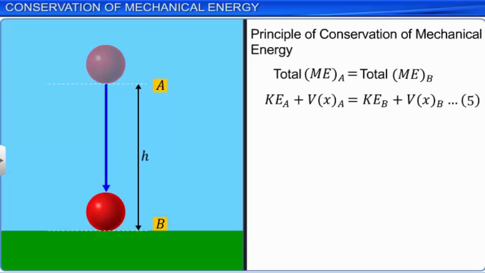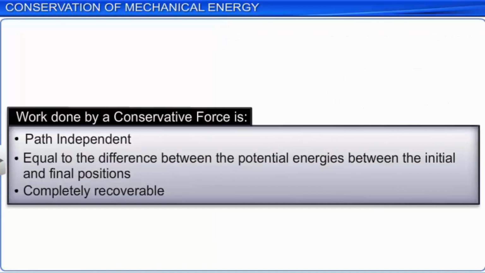From the above discussion, we observe that work done by a conservative force is path independent. It is equal to the difference between the potential energies of the initial and final positions, and is completely recoverable.